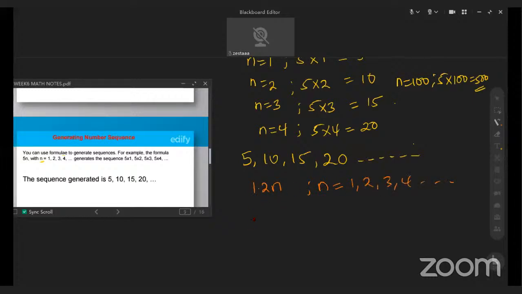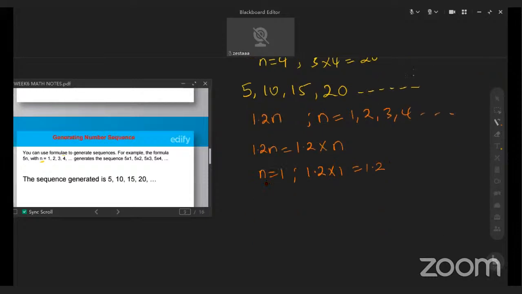So it's the same thing. 1.2n is equal to 1.2 times n. For n equals 1, we shall have 1.2 times 1, which is 1.2. For n equals 2, we have 1.2 times 2, which will be 2.4. So you continue in that form.